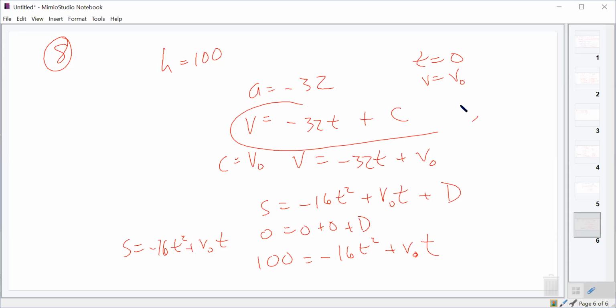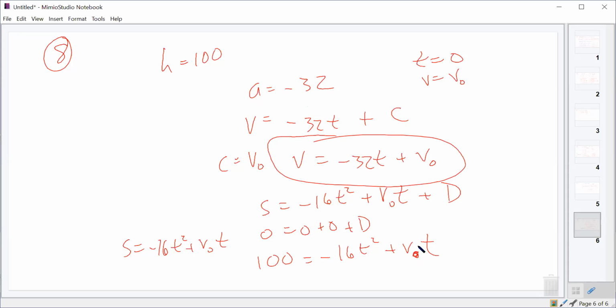I don't know why I circled that one. Somehow down here, we got to go back to this velocity stuff. Well, I mean, v naught is just, if you plug in 0 for t, v naught is just v naught.